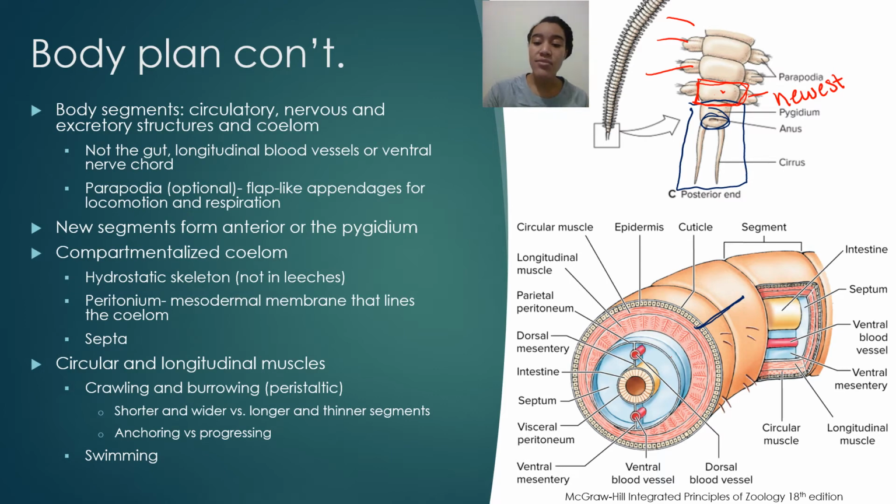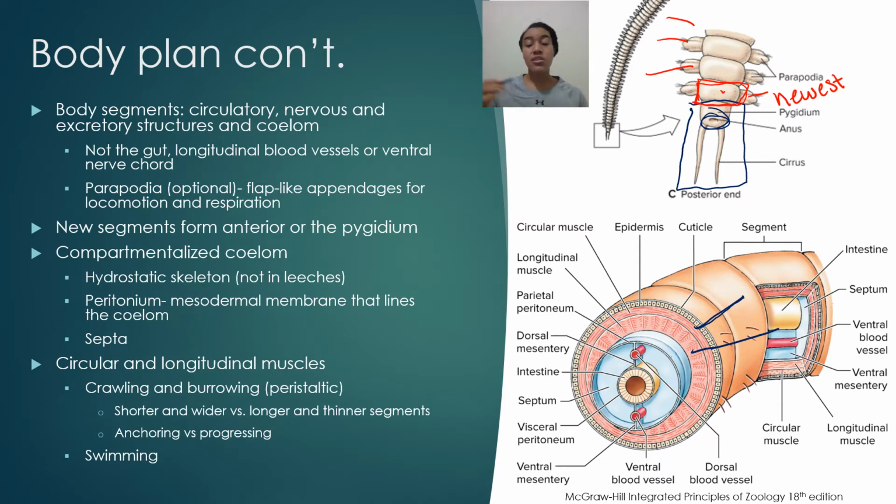And then they also have longitudinal muscles that run from the anterior to the posterior of the animal. Both of these types of muscles work in an antagonistic way to one another. Once one is stimulated, the other one is relaxed, and vice versa.